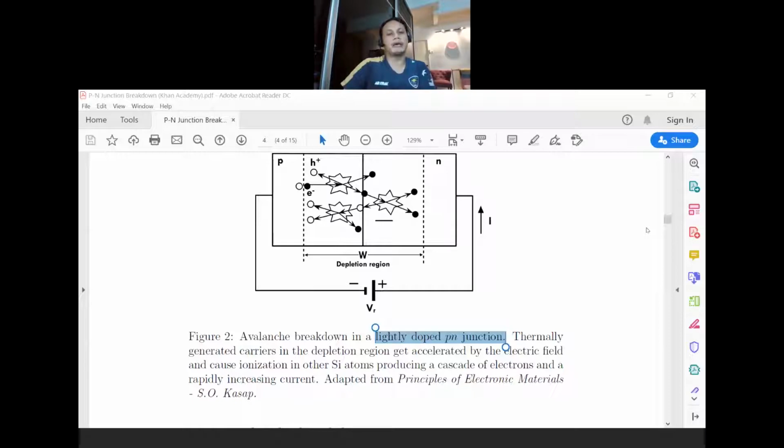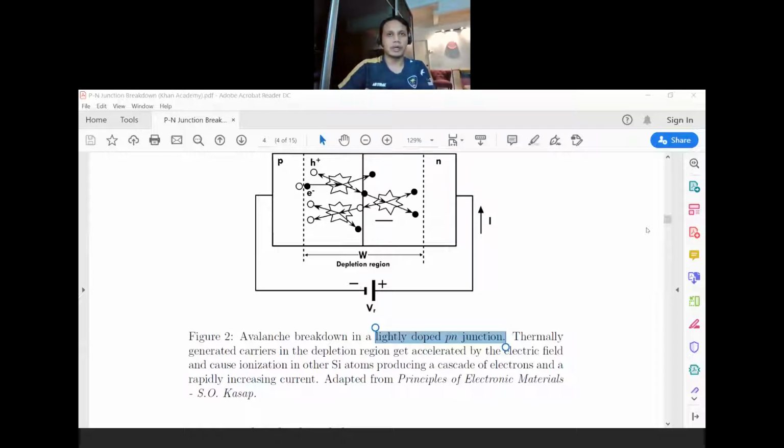So the free carriers at this point will be accelerated by a huge electric field in the wider depletion region. They will collide with the valence electrons in the depletion region, causing ionization, right? That means when the free electron is accelerated, it will knock another valence electron from the silicon atom in the depletion region.